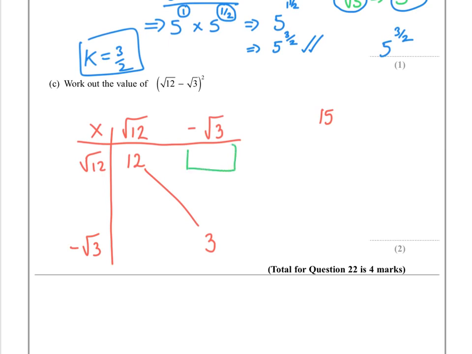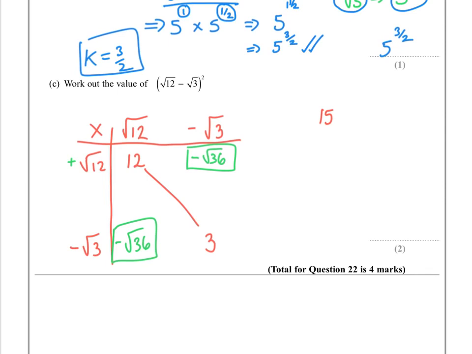So for this part here, we're going to have positive root 12 times negative root 3, which is negative root 36. And here we're going to have a negative times a positive, which again is negative root 36. Now they don't cancel out.